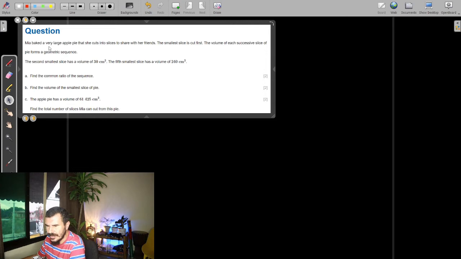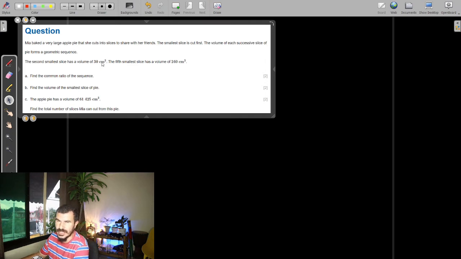Let's see this question. It says, Mia baked a very large apple pie that she cuts into slices to share with friends. The smallest size is cut first. The volume of each successive slice of pie forms a geometric sequence. In this problem it is given. In some problems it will not be given.